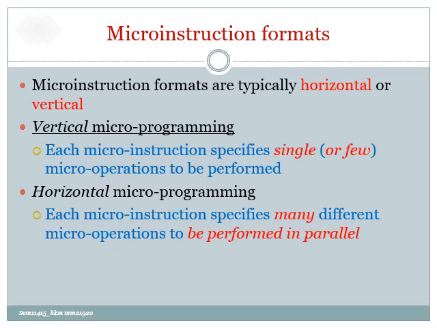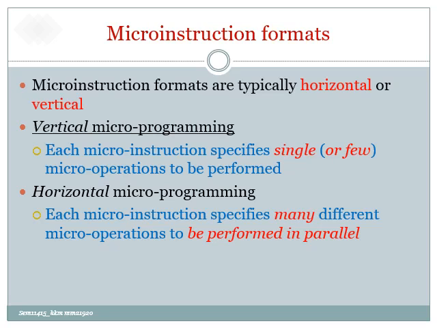Let's remember that a micro instruction is a set of micro operations occurring at one time. If a few micro operations occur at the same time, we call those micro instructions. So it can be one, it can be many. And the format is typically horizontal or vertical.